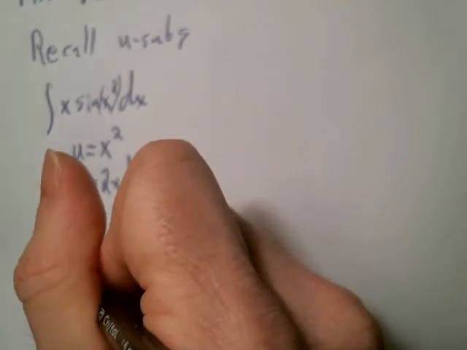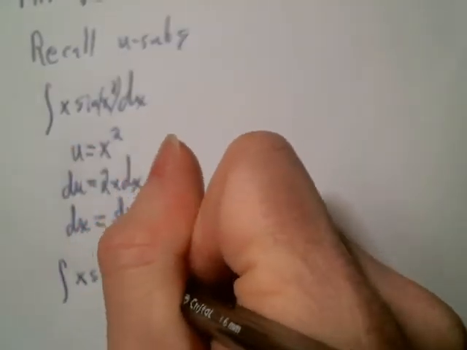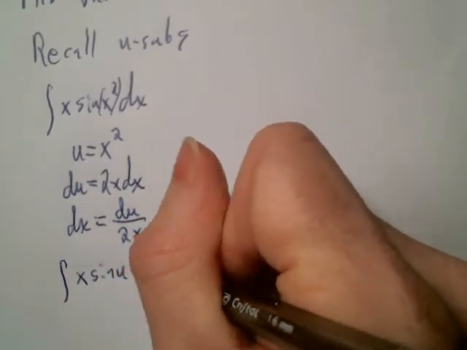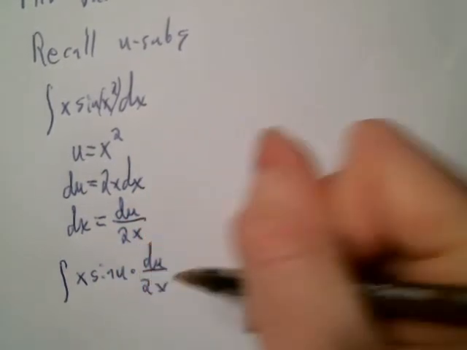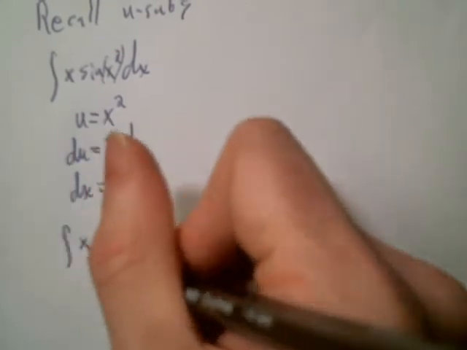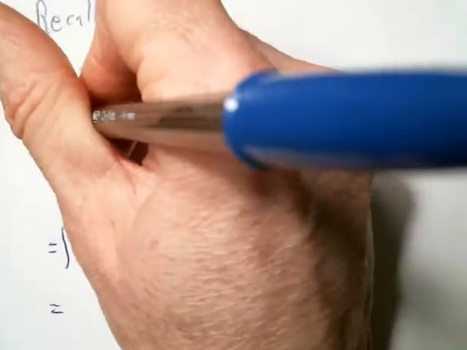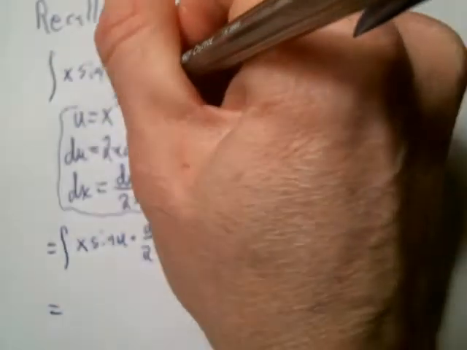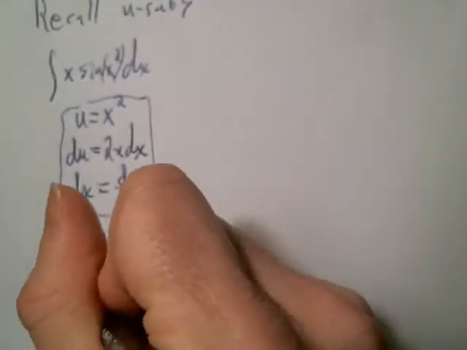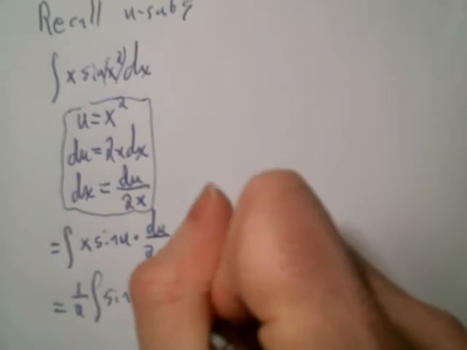Then you would do your sub. So you would have x times sine of u times dx, which is now du over 2x. And then you could factor out a 1/2, and the x's would cancel, and everything would be fine and dandy. So you could pull out the 1/2, an integral of sine of u du.